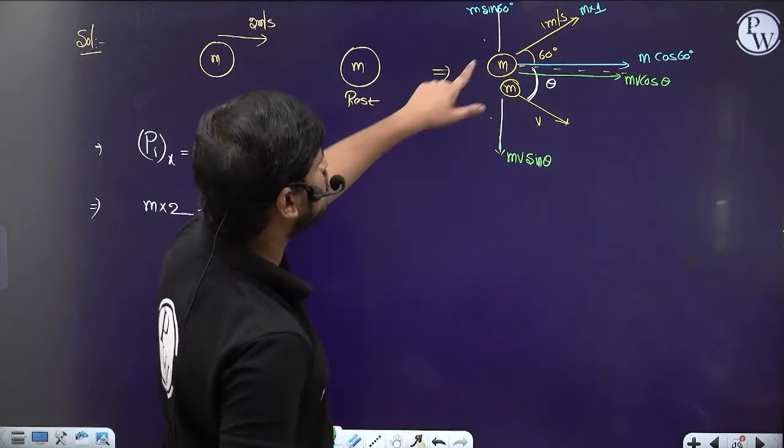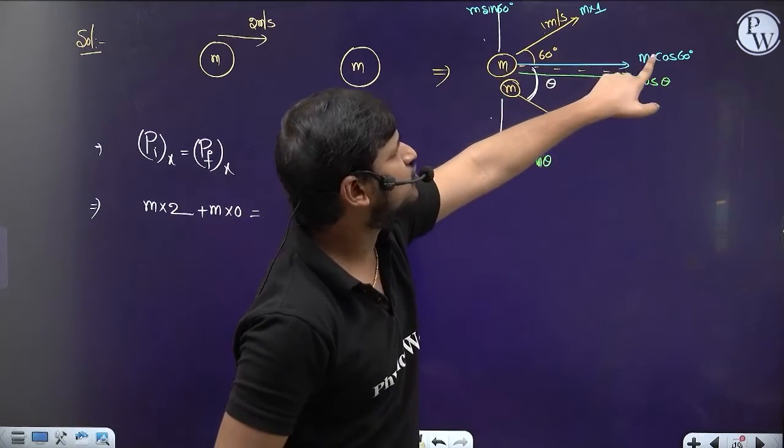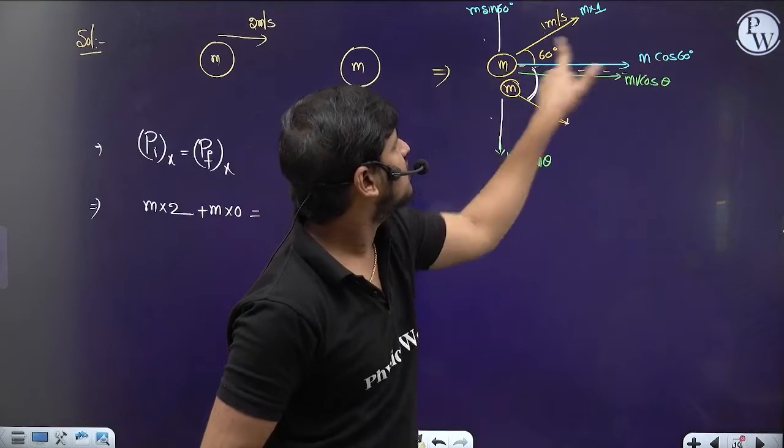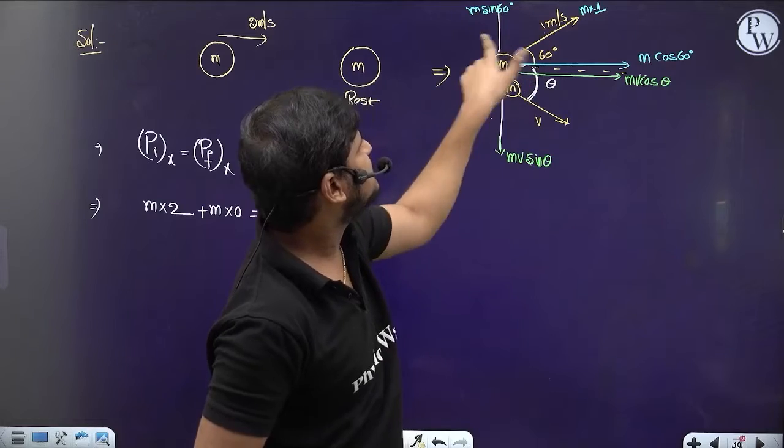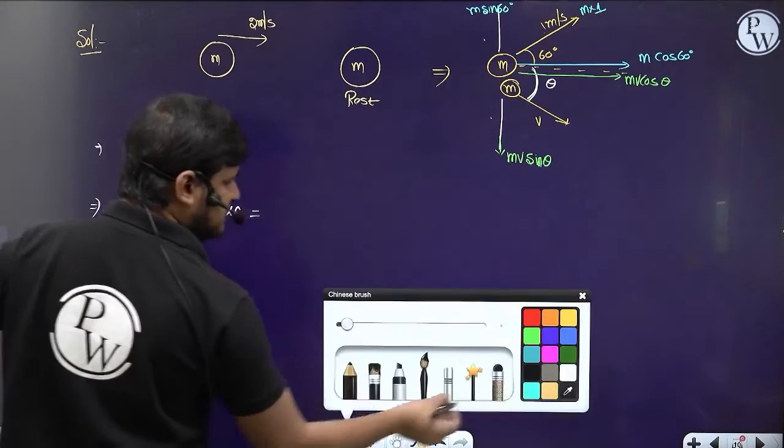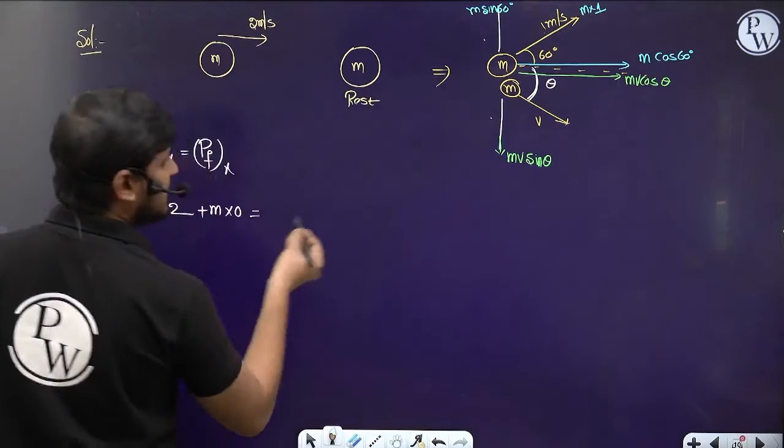Here mass we know, velocity we know. So now in the x direction, what is the momentum?